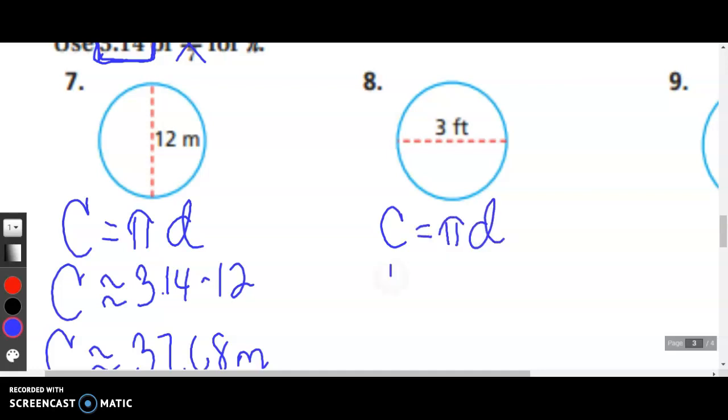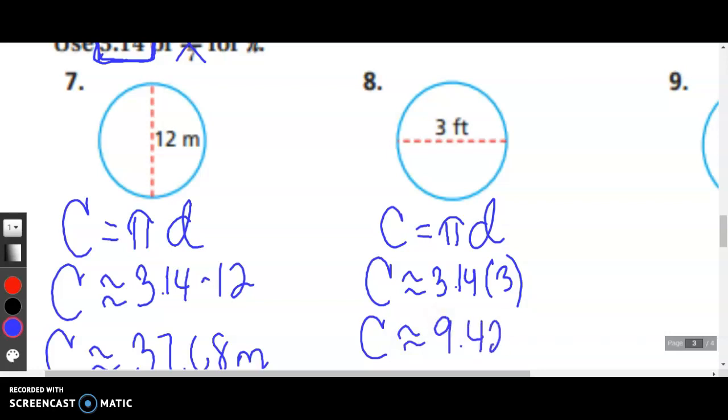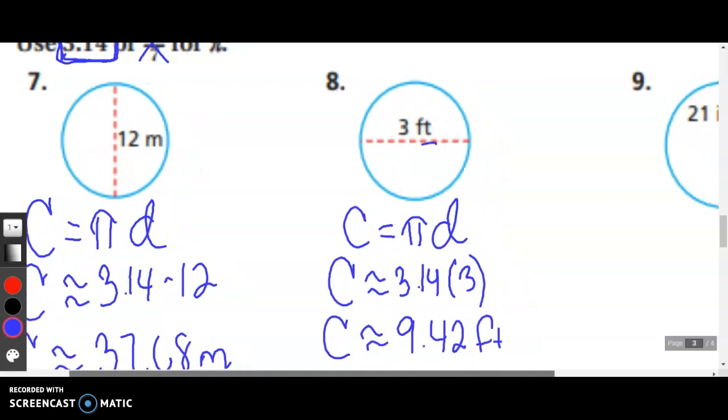And then we're going to fill in what we know, which is we're going to fill in 3.14 for pi. We're going to fill in, now I'm going to show you, we can write it this way also. That means multiplication. And then when we do 3 times 3.14, we get 9.42 with a label of feet.